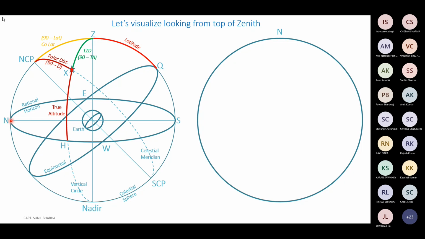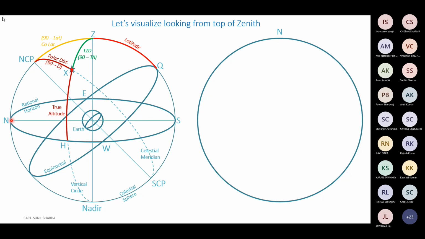Now you see we have this north point on the rational horizon. Now, as per our sign convention, we show this north point on top of our rational horizon diagram. It matches up with our charts also. We have the north direction represented upwards. So here also in the rational horizon diagram, we represent the north direction up.